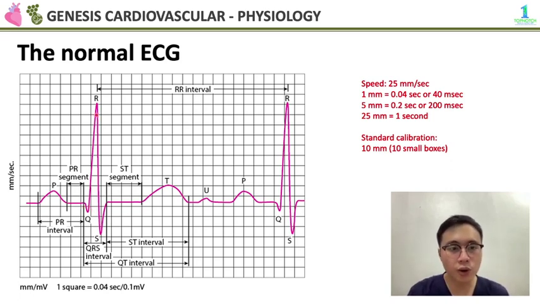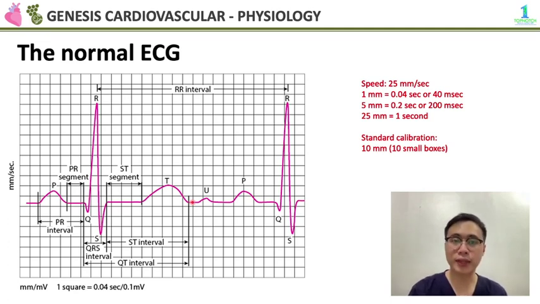Okay, so next you have a QRS complex from the start of the Q all the way until the S goes back up to the isoelectric point. So yun yung QRS duration natin or the QRS interval. Next you have the T wave, which represents ventricular relaxation. So the time from the start of the QRS all the way until the ventricles have relaxed, the T wave, represents the QT interval.